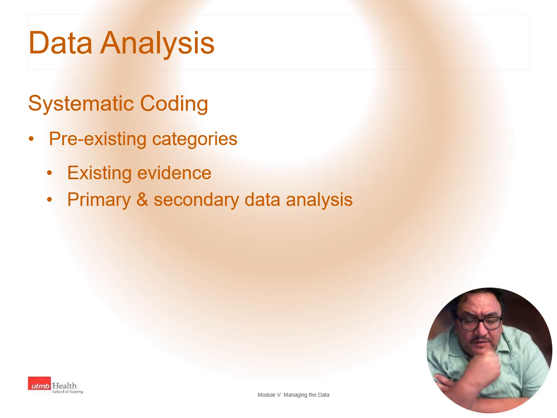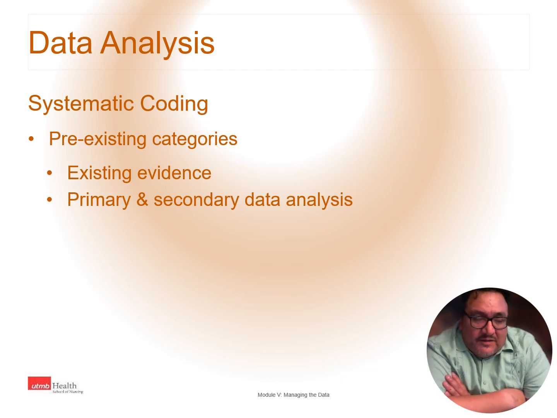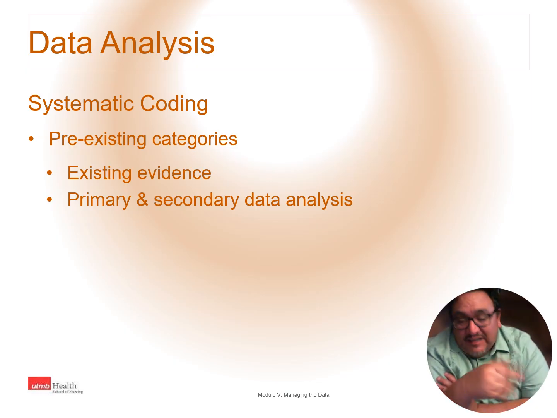So just like the previous slide, I don't think I'm going to go into too much detail on systematic coding. Just remember that in some ways it can be like post-open coding, but in some of the texts that I've read, they just say, oh, we did systematic coding. Hence, again, remember the quotations around systematic.